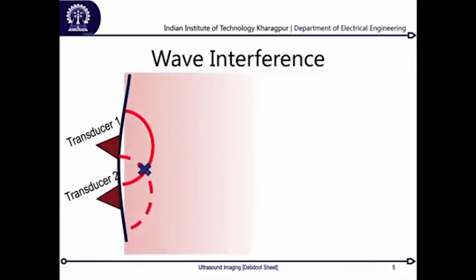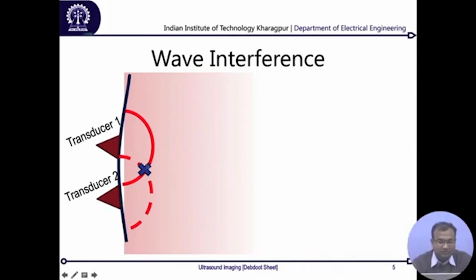Okay. If both of them are fired together, this solid line is the wave front for transducer 1, the dotted line is the wave front for transducer 2, and somewhere over here they would be intersecting each other. That is the point where there would be heavy constructive interference between these two wavefronts, because both are in the same phase.